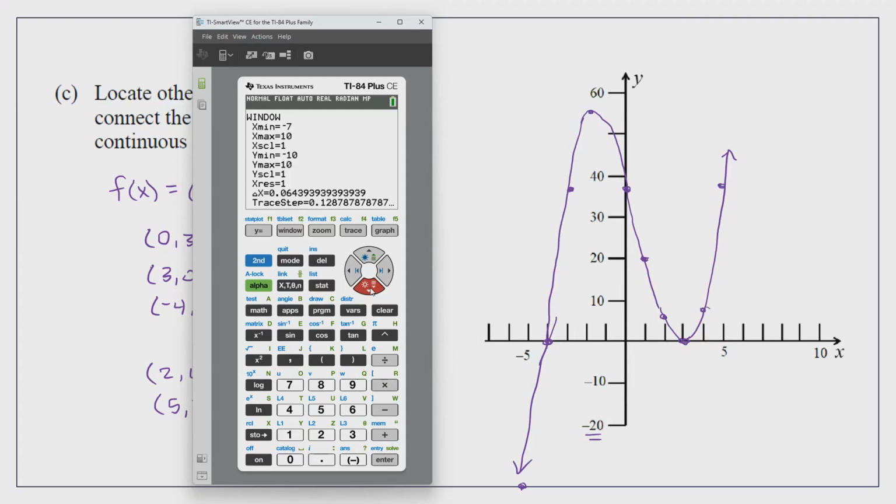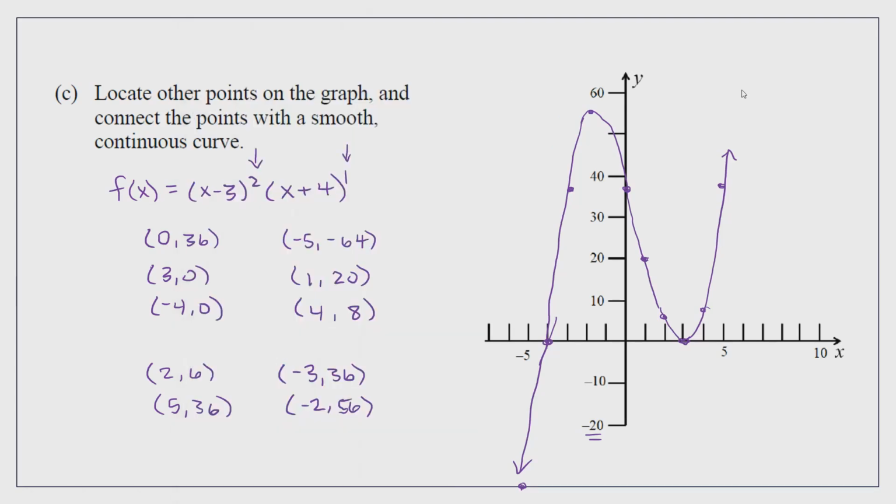Our y minimum is going to be -20. Our y maximum is 60, and it's going by a scale of 10. So we'll enter that in. So now when I press graph, I should have a visualization of what is exactly on my screen, which it does. It matches, which is great. All righty, excellent.